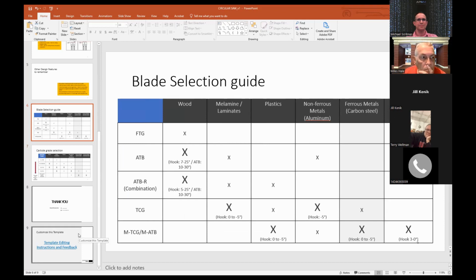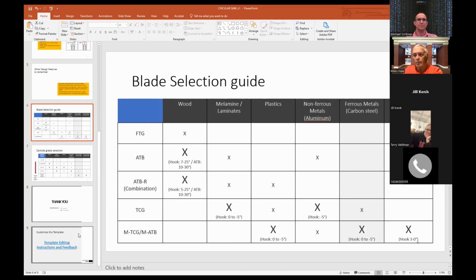So we were talking about the TCGs, and then really the last, the modified TCGs and the modified ATBs. Again, this is really the realm of most plastics, ferrous metals, carbon steels, and then your stainless steels. And again, the only difference in those is really what you're looking at for the hook angles.